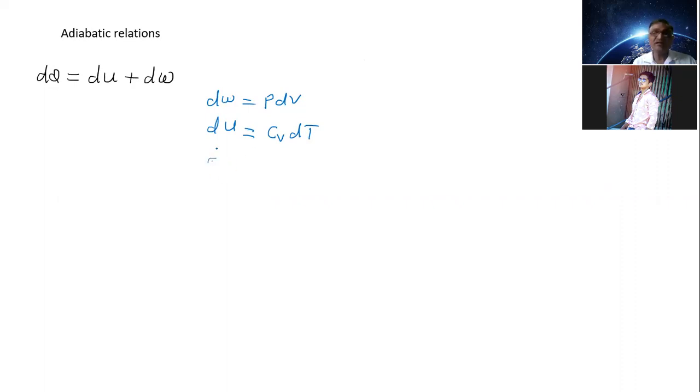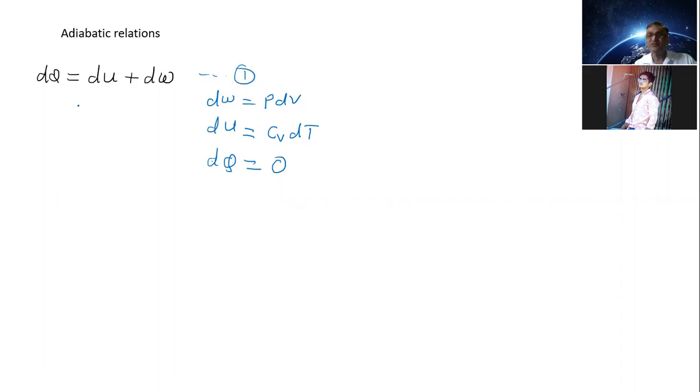And for this adiabatic change, dq is equal to what? Adiabatic change साठी condition काय आहे? dq is equal to 0. And therefore, suppose here this is equation number 1.